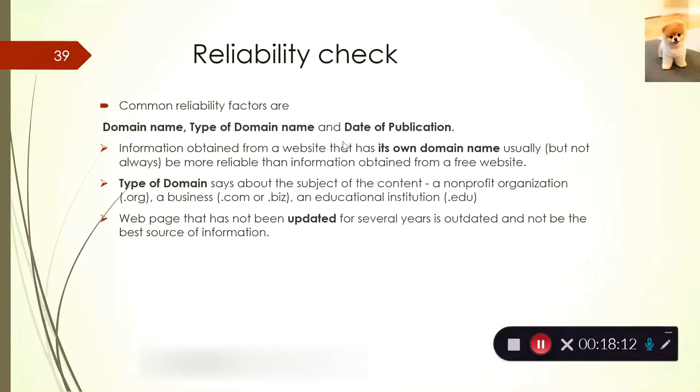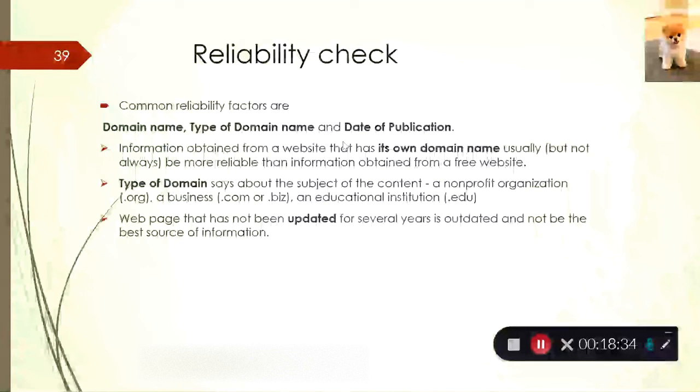So how can we check reliability? Mostly, if the information is on a site with its own domain name, then it is mostly reliable. If it is not a free web server, you can rely on the information provided by a website which has its own domain name.